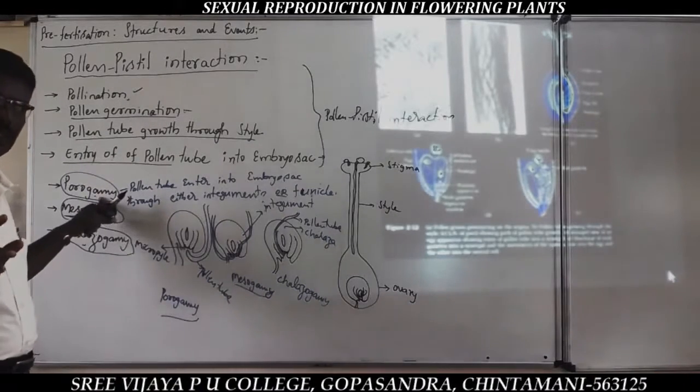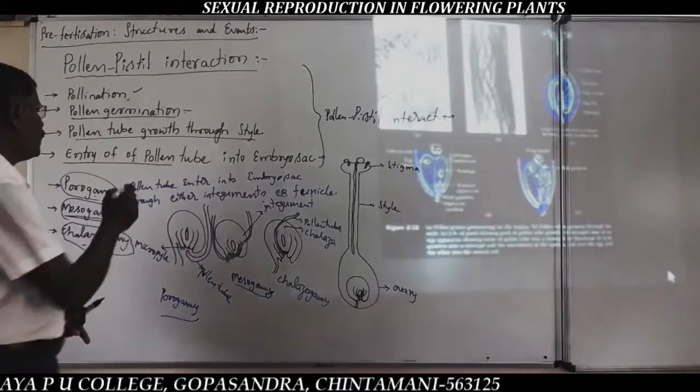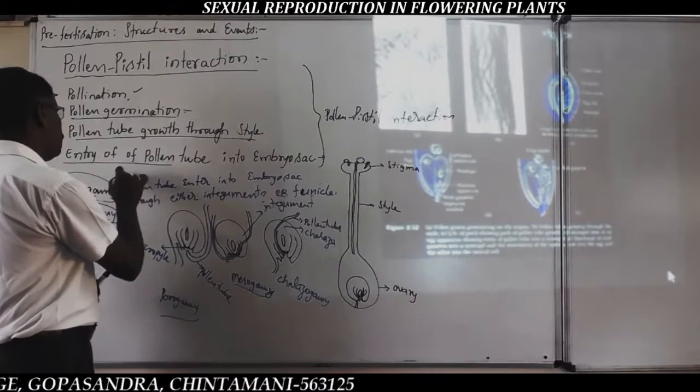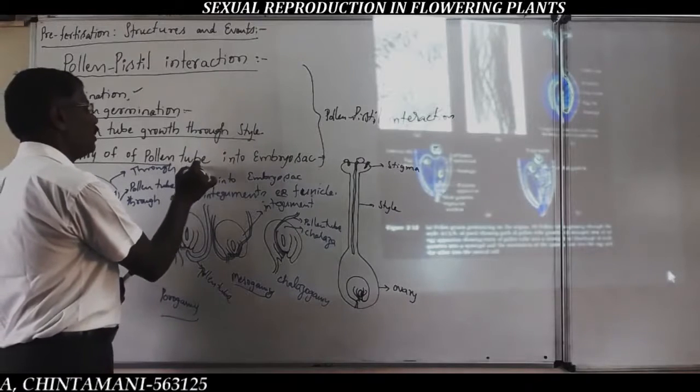Porogamy means the pollen tube enters the embryo sac through the micropyle.